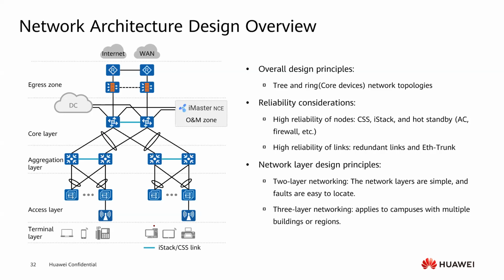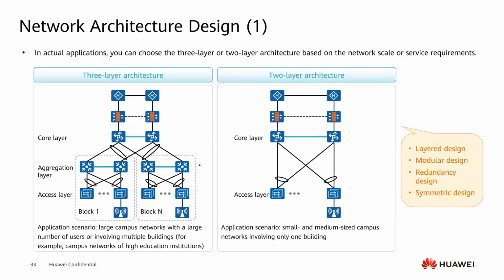For the architecture design, you need to consider reliability, such as device reliability based on CSS or stack. You also need to consider link reliability, such as using Eth-Trunk or redundant links. You also need to think about using a 3-layer or 2-layer architecture, because we are dealing with large and medium-sized campus networks, so as usual there is no one-layer architecture in this kind of scenario.